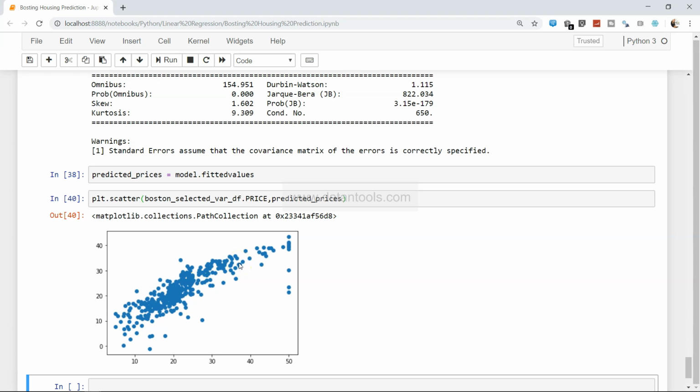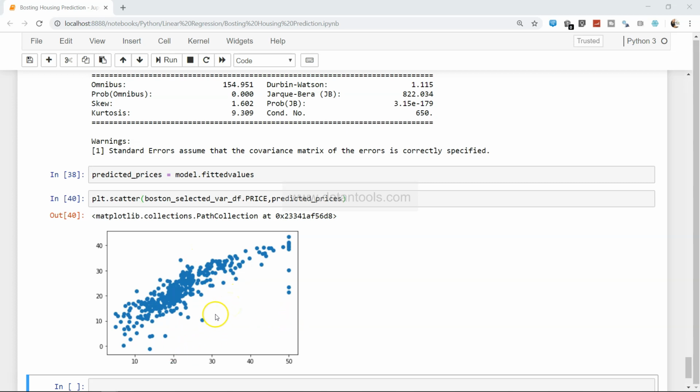What it basically indicates is that since there is a good, around 45-degree movement between the actual and the predicted prices, this model is something you can use for predicting prices, because they are moving along the line. If they were moving up here and there, that would have been a problem.